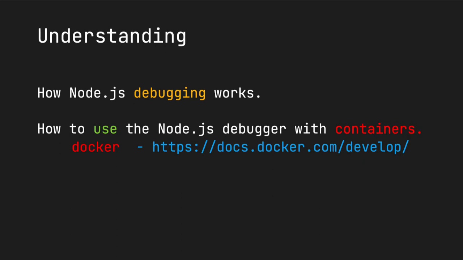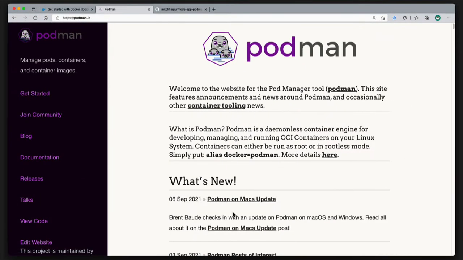There's Docker, which most of us are familiar with. There is an alternative called Podman, at podman.io, and it is for all practical purposes a drop-in replacement for Docker. So we're going to investigate how to set up debugging using Podman and Docker on your Mac.